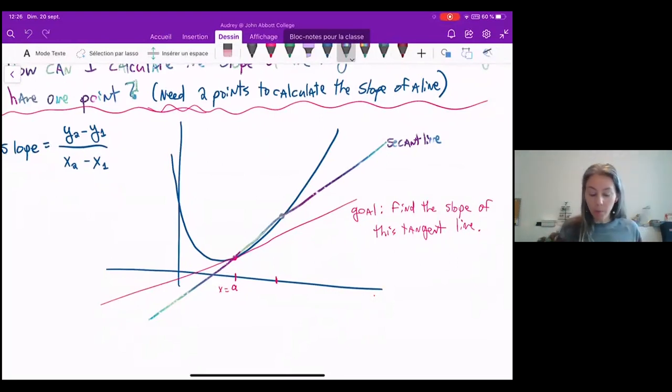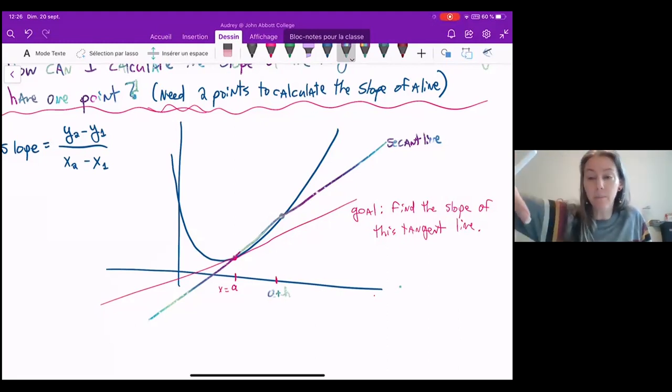So I'm going to call this A plus H, where H is some number. I'm just saying it's some number that causes that other point to be somewhere on the right side of my A. So in other words, I'm just adding some value to A. If A was 2, then maybe that point is 3, maybe that point is 4.